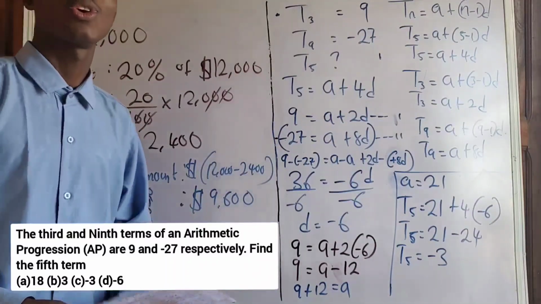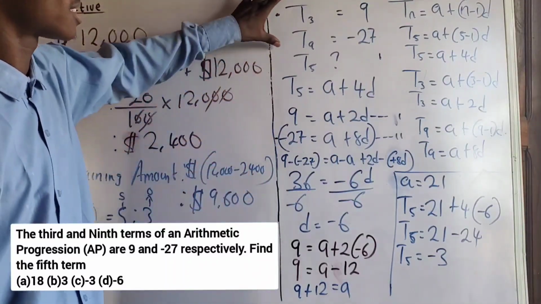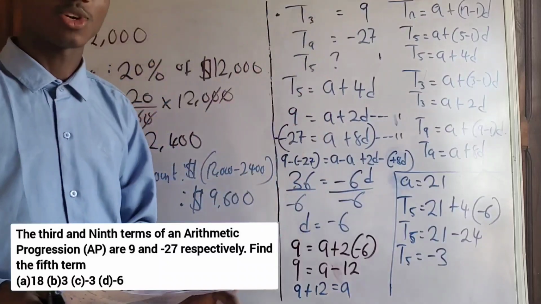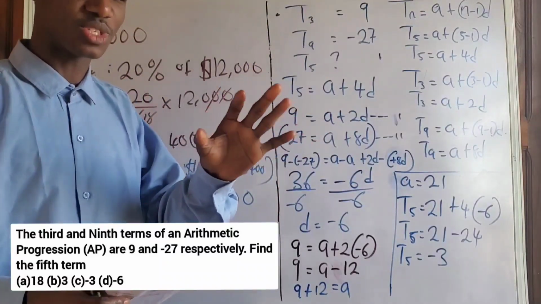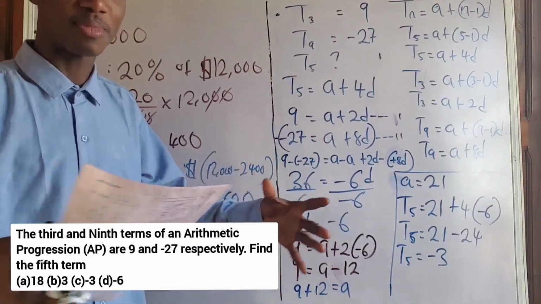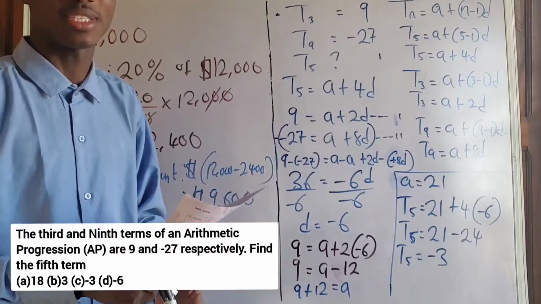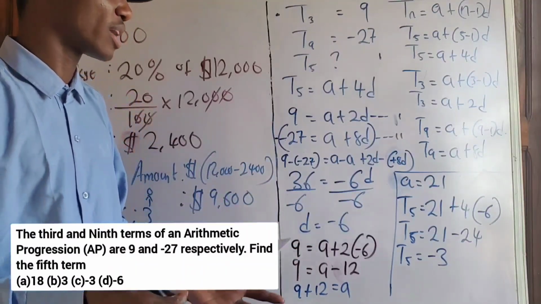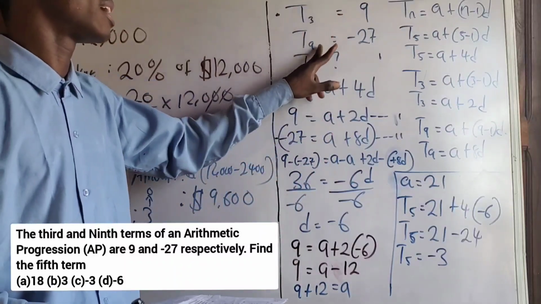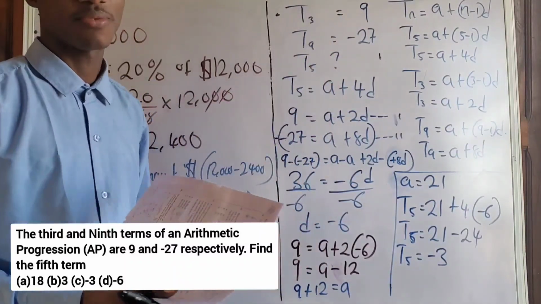Do you understand? I'm very sure you understand how I solved the question. Let me tell you, in maths questions, always pay attention to the details of the question. The parameters that you are given in the question are very important, because that's what you are going to use to get the answer you are looking for. When I was given T3 and T9, I wasn't given T5.